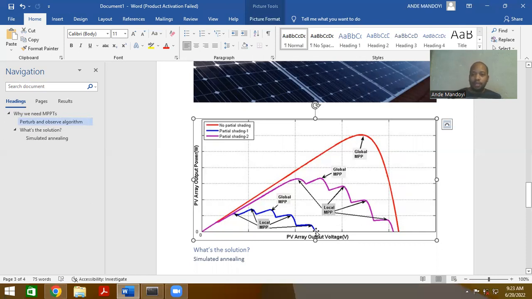There are many metaheuristic algorithms out there, things like the genetic algorithm. You've got particle swarm optimization, bee colony, ant colony, gray wolf optimization. It's a whole study on its own. But what I'm going to discuss and what I used for the panel to charge the car is simulated annealing.